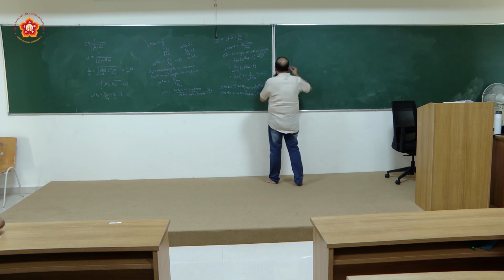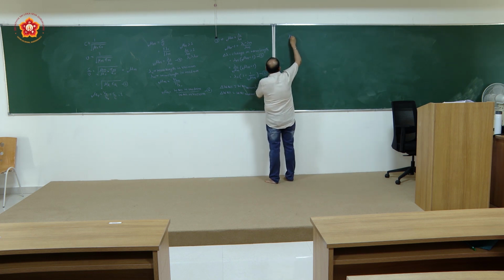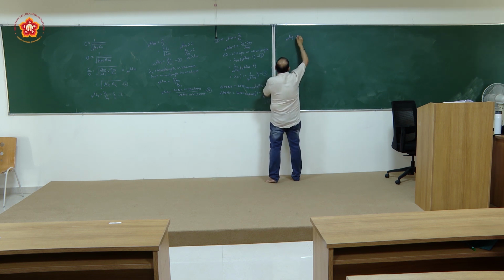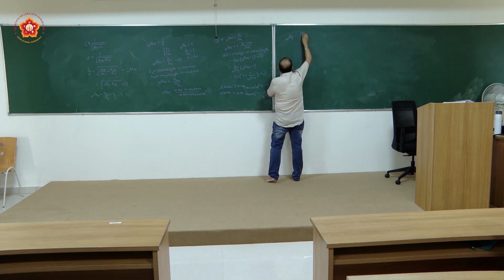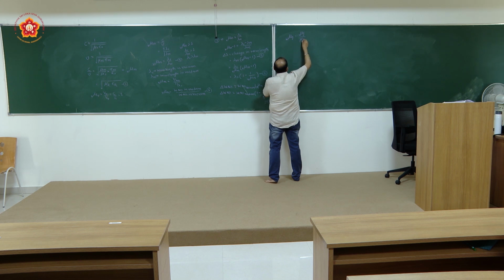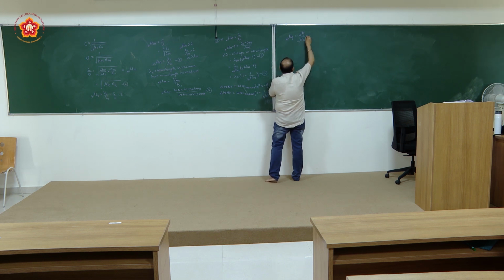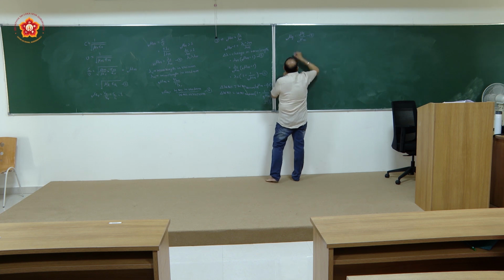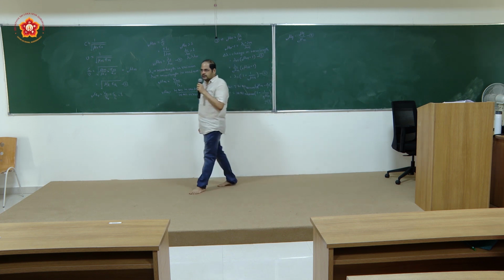I can define here refractive index of a glass with respect to water is equal to refractive index of glass with respect to vacuum upon refractive index of water with respect to vacuum. Can I write down like this?